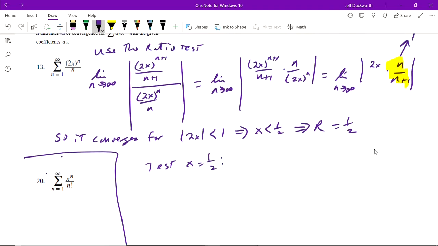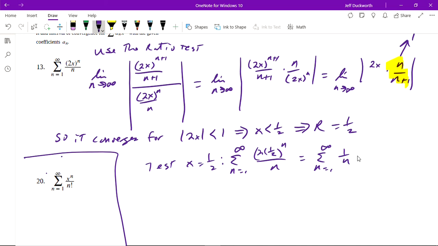That means we have the sum from n equals 1 to infinity of (2 times 1/2)^n over n, which equals the sum of 1 over n.